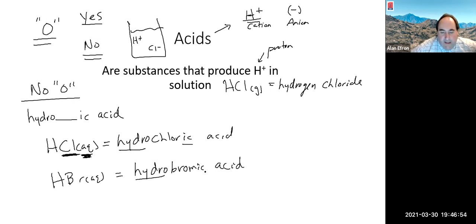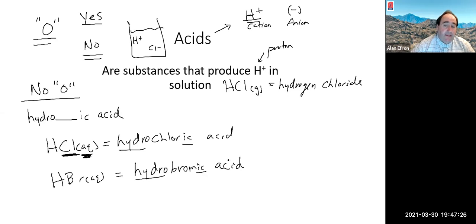Sometimes people want to throw that hydro in everywhere, but hydro is really just for acids that do not contain oxygen. So HCl would be hydrochloric acid, HBr would be hydrobromic acid, and you could continue in that pattern.